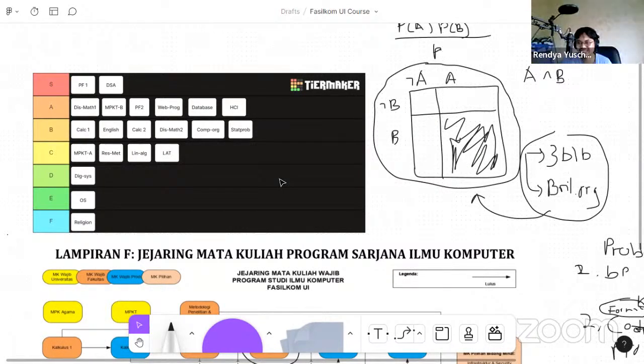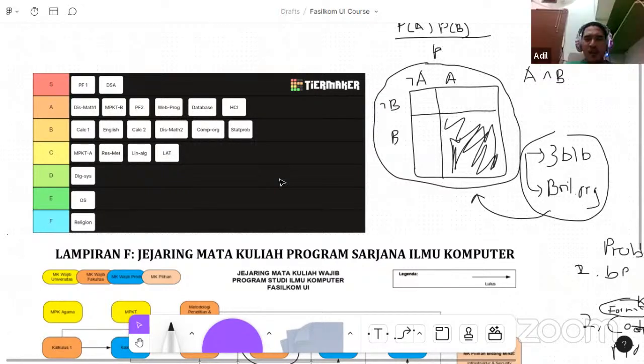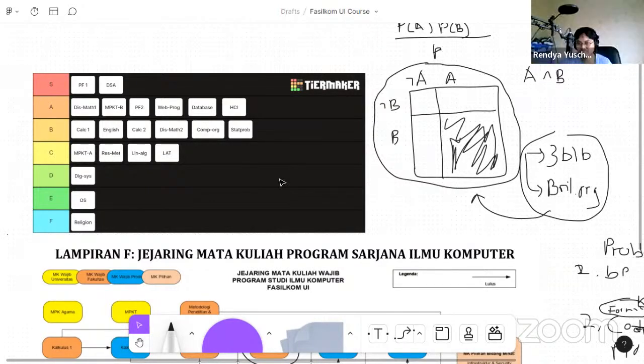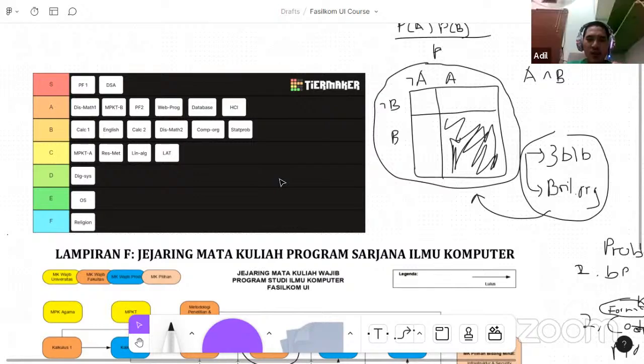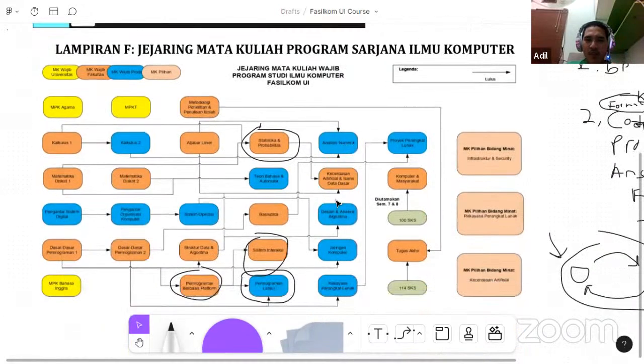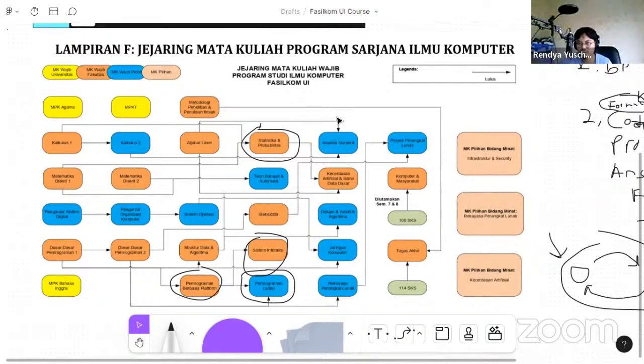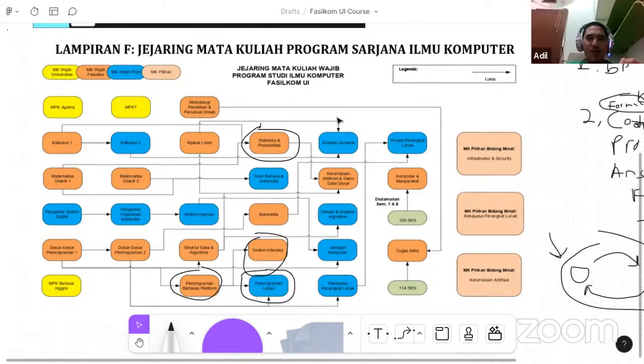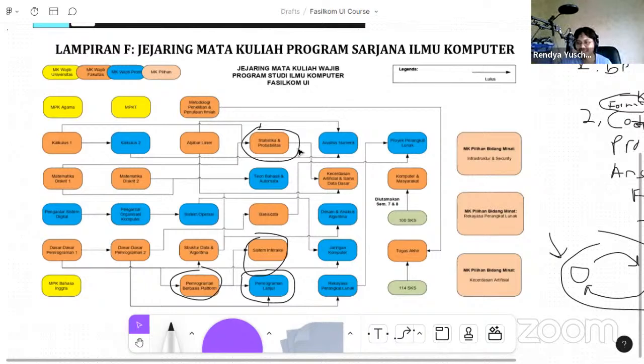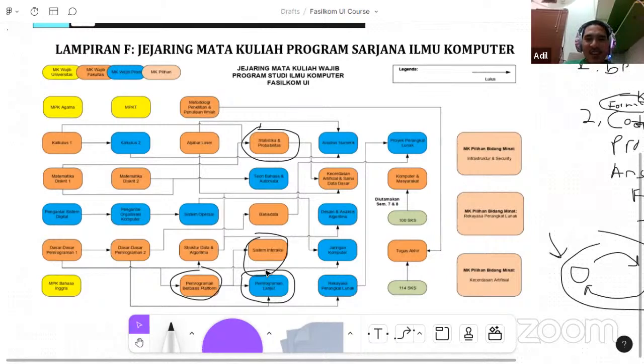But to be honest, because of data structure and algorithm and advanced programming, in my fifth semester a lecturer asked the class what programming language is your favorite, and I typed in the chat Java. I prefer to use Java instead of Python because of these two courses. How about you?